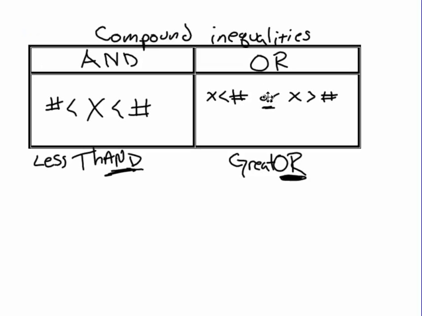So let's take a look at the first one. The first one says the absolute value of x is less than 7. So this is the less than, right? That's the one we need to break up into the and, less than. So we need to have a number here less than x, which is less than the other number. Here we have 7.